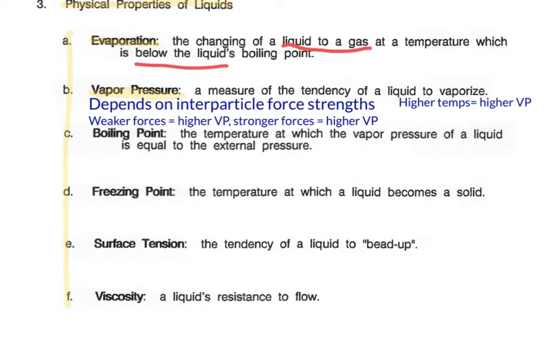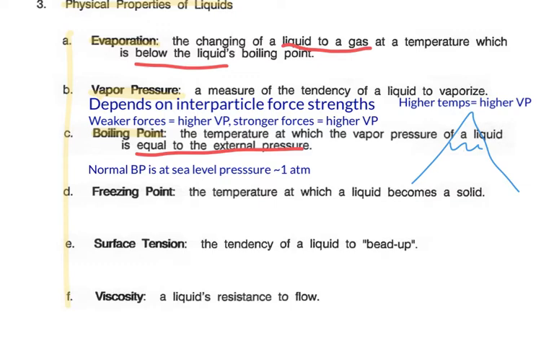Then we can look at boiling point. This is the temperature at which the vapor pressure of a liquid is equal to the external pressure. When we talk about the normal boiling point of a liquid, we're talking about it at sea level or 1 atmosphere, but it does change dependent upon the elevation or the atmospheric pressure around it. So we talked about a pressure cooker changes the pressure, and so it has to get to a different number.